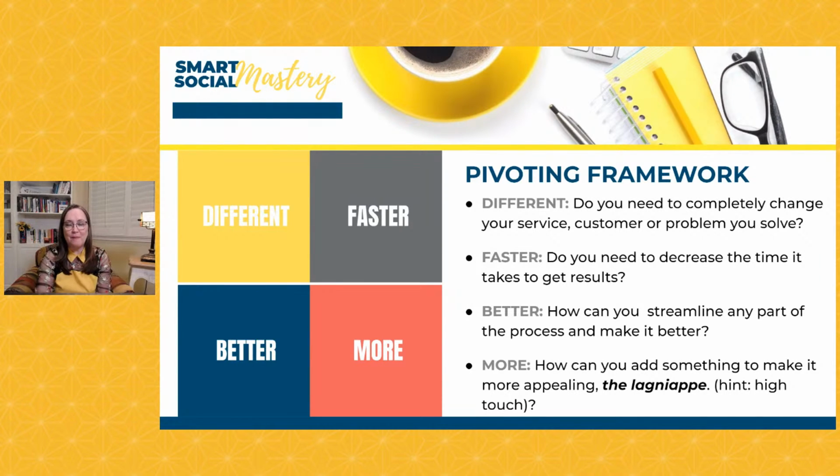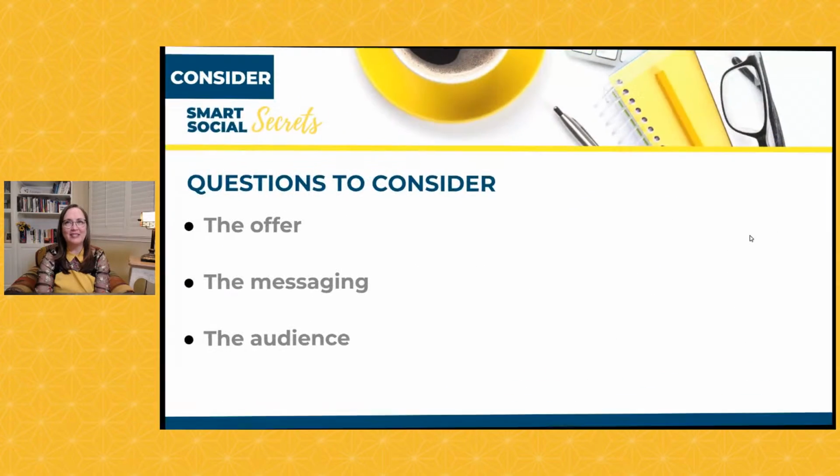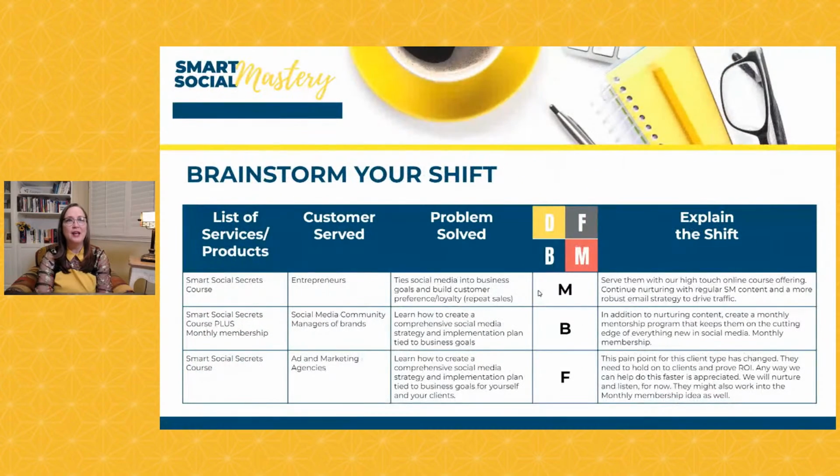So let me jump back into what I was showing you before, because I did this on my stuff so that I could talk to you about it. For Smart Social Secrets, I have a course. It was really aimed at entrepreneurs, and I wanted to know, how could I do this? I went through the process, and I went with the more. I wanted to serve them with a high touch online course offering and continue nurturing with regular social media content and a more robust email strategy.